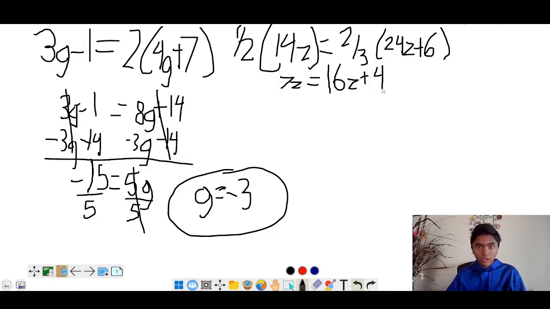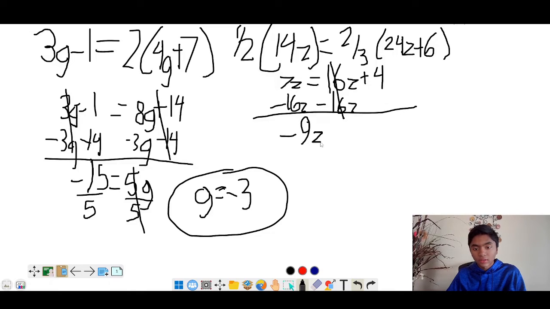And again, we're just going to move all the variables to one side and all the numbers to the other side. So what we're going to do is we're going to subtract 16z from both sides, minus 16z, and then the 16z's will cancel out, and you'll be left with negative 9z is equal to positive 4.